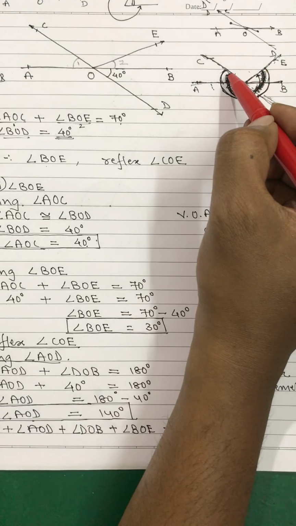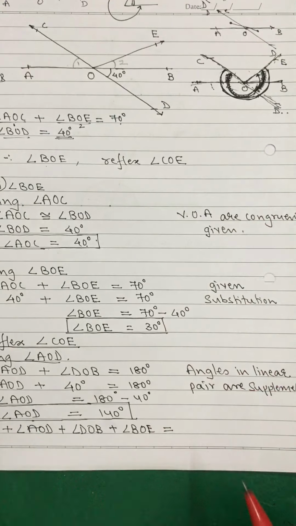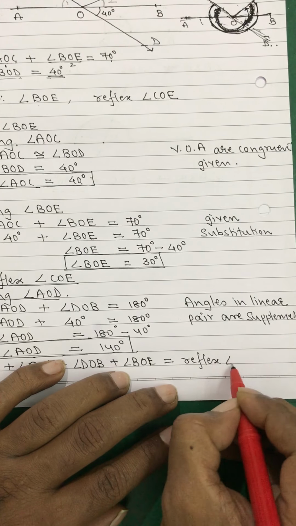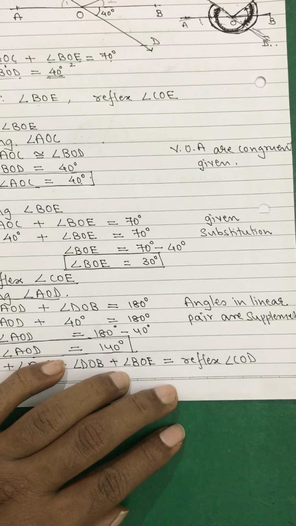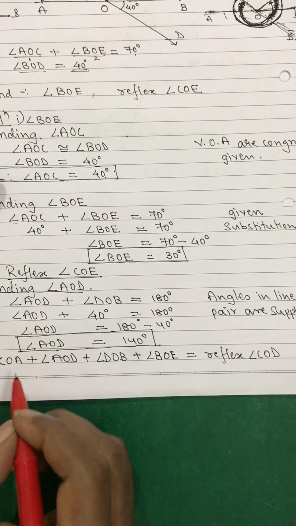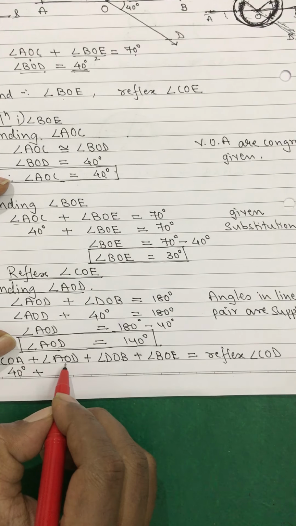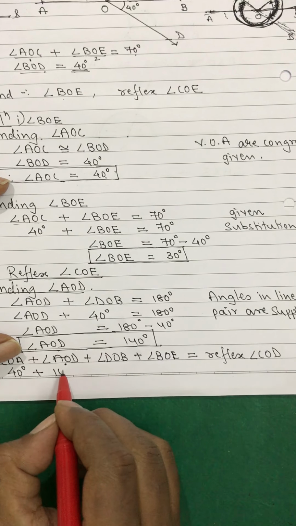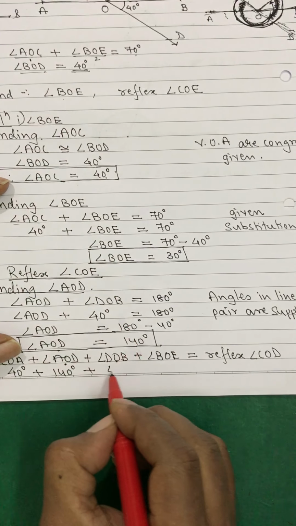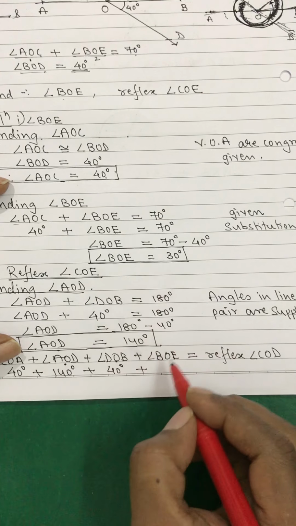Now this means I have completed this complete arc, which is nothing but the reflex angle COE. So angle COA is 40 degrees. AOD, you have found over here, 140 degrees. DOB is 40 degrees, which is given. BOE, you have found over here, 30 degrees.